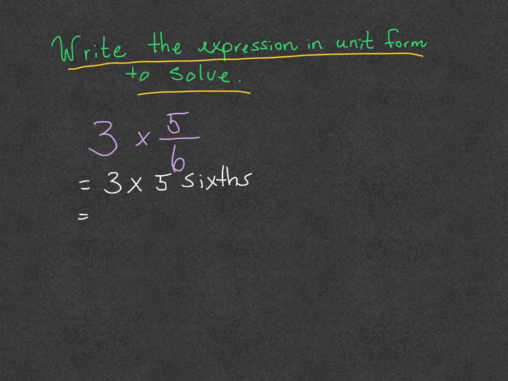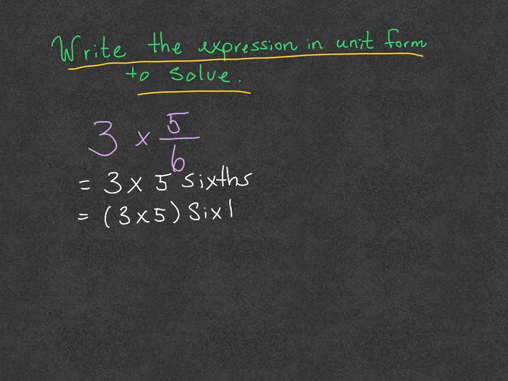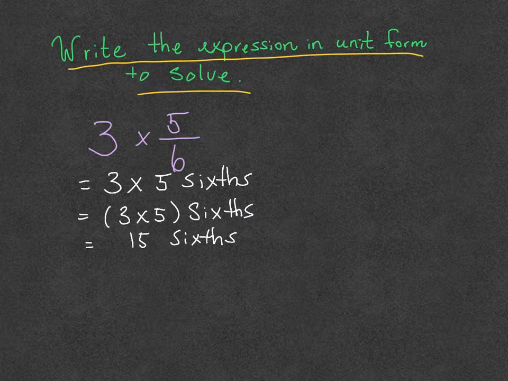And really that's saying 3 groups of 5 sixths. We want 3 groups of it. So 3 times 5 is 15 sixths, which really looks like 15 over 6, 15/6.